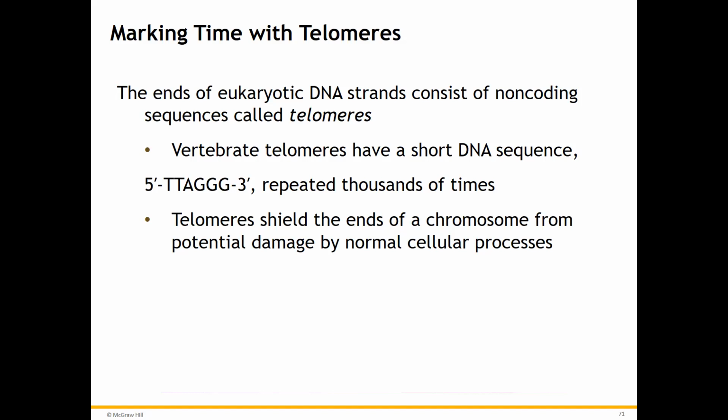That short little sequence they have listed here for you, TTAGGG, is on the end of our DNA sequences, repeated thousands of times. Thousands of times. Why? Because it shields the end of the chromosomes from damage by normal cellular processes.